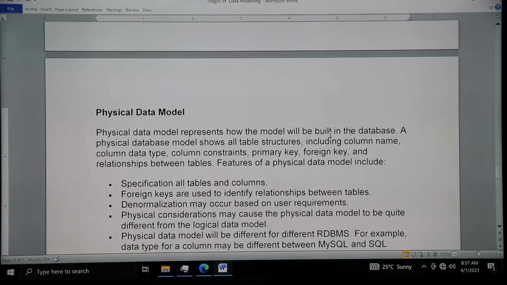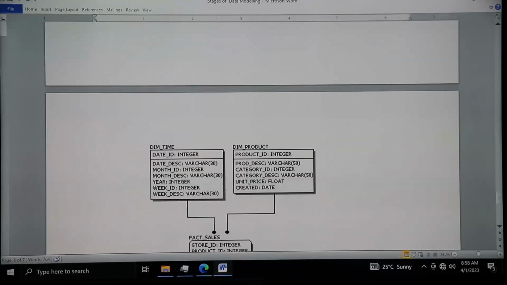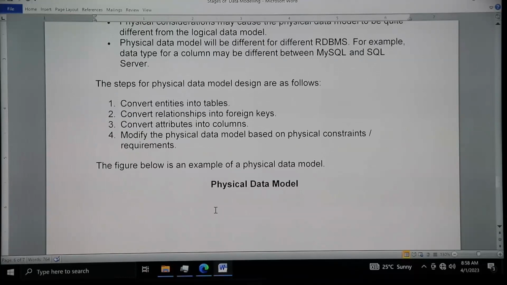That is, you design using a simple skeleton conceptual, you add more details in the logical model, then finally, you come up with a structured database. That is, a physical database model shows all tables and structures.